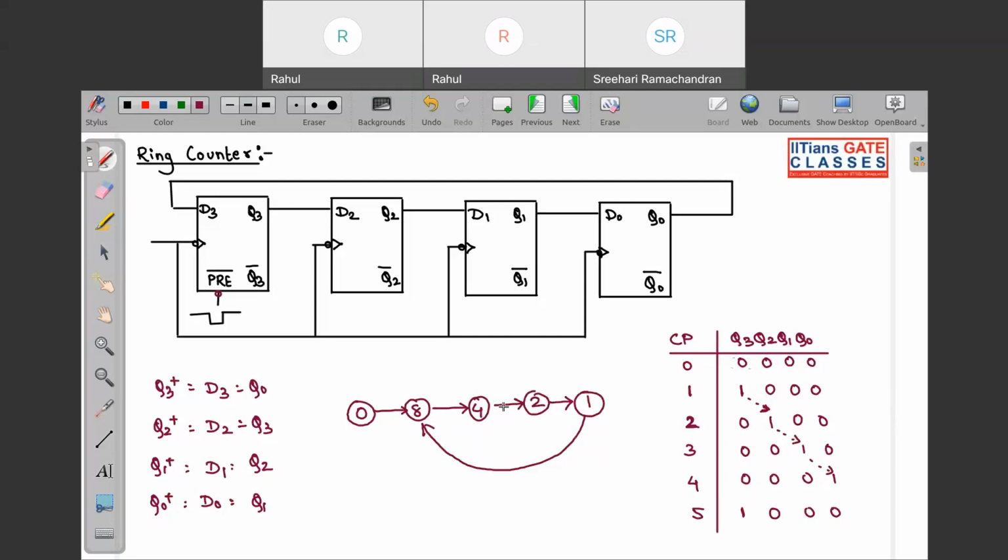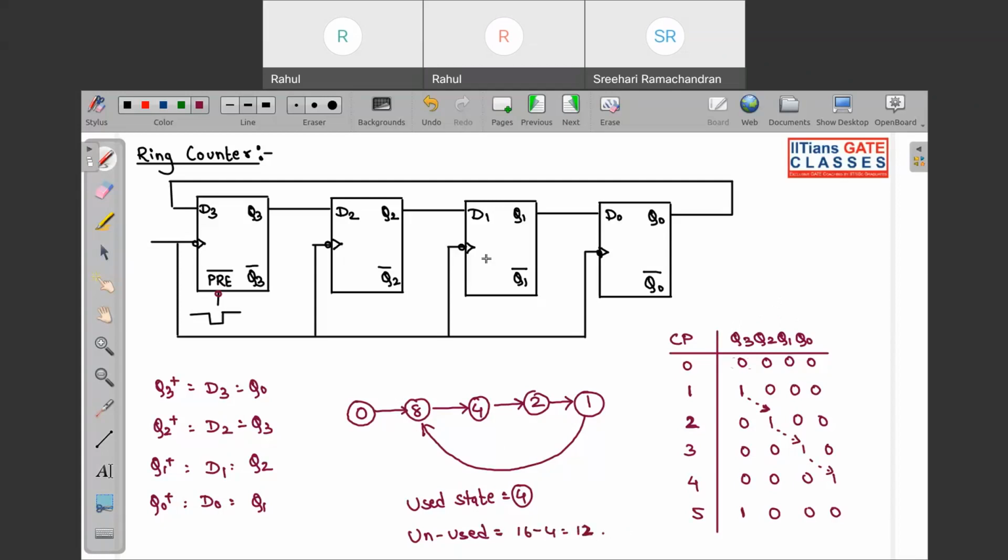Here you can see the number of used states is 4: 1, 2, 3, 4. Now, unused states: out of these 4 bits, 4 bits can represent 16 numbers, so 16 minus 4 gives 12 unused states.